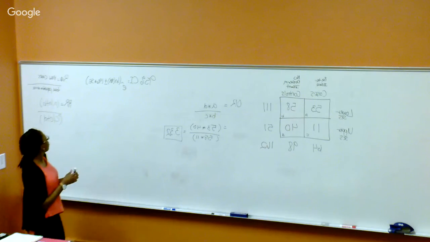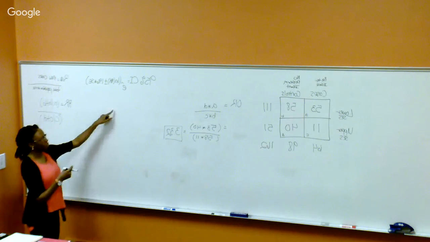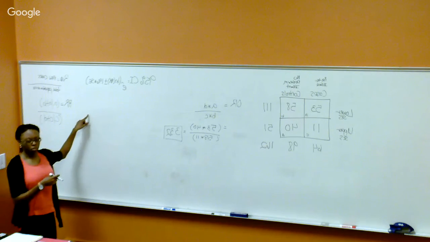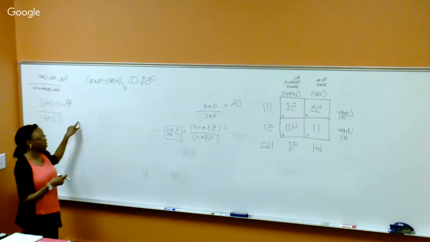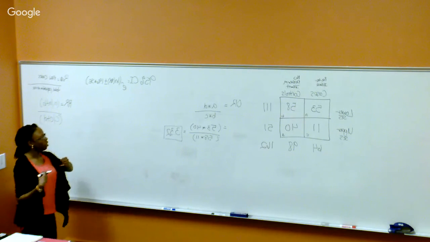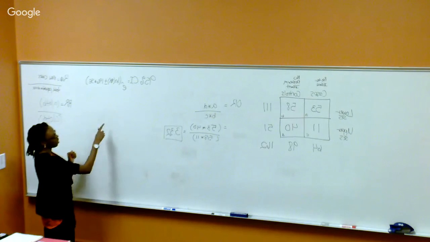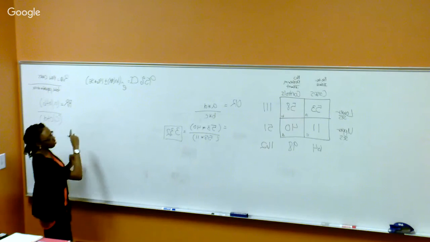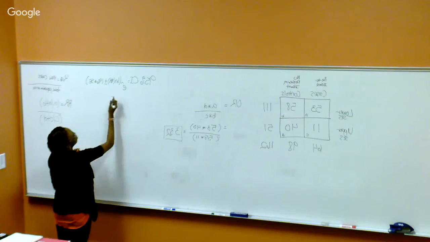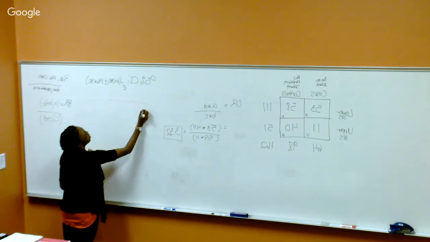Before I erased it, it was 1 over A minus 1 over A plus B plus 1 over C minus 1 over C plus D. But here it's all pluses, and we're just looking at A, B, C, and D. So I'll write that out. This is the relative risk.